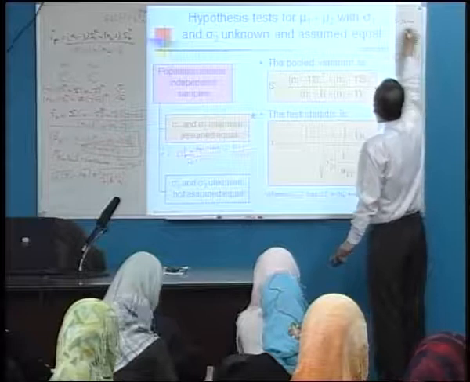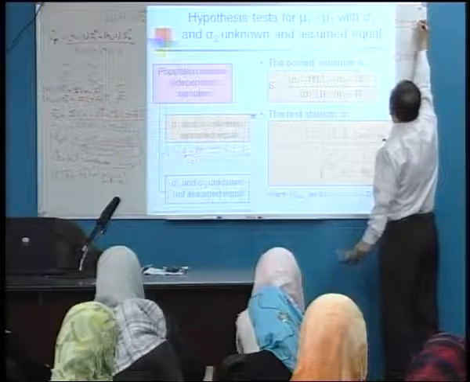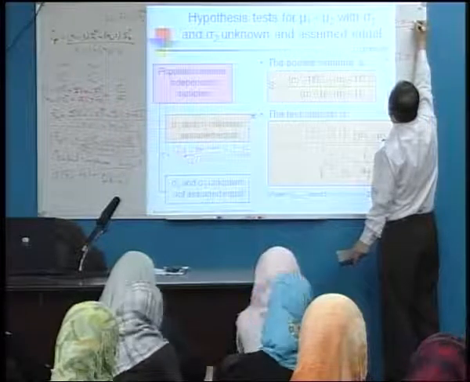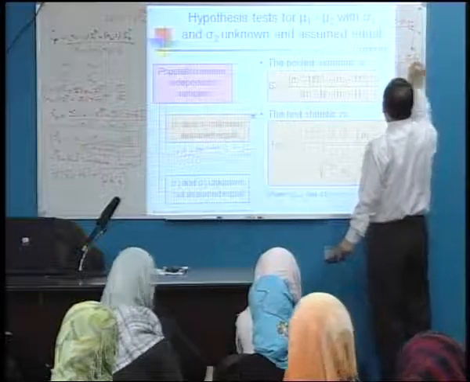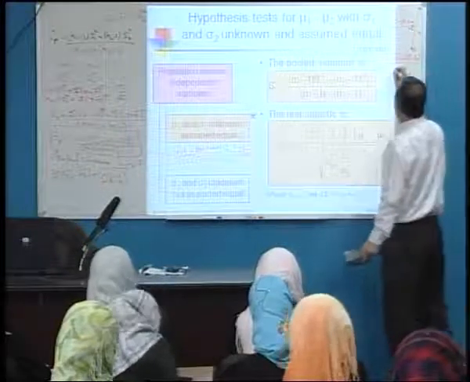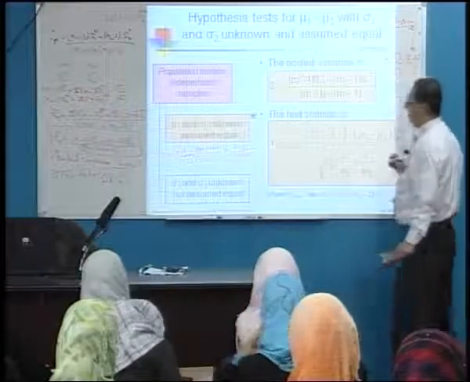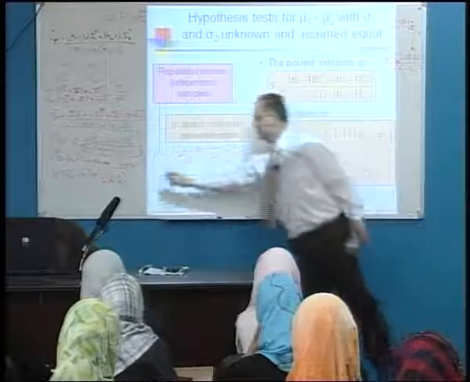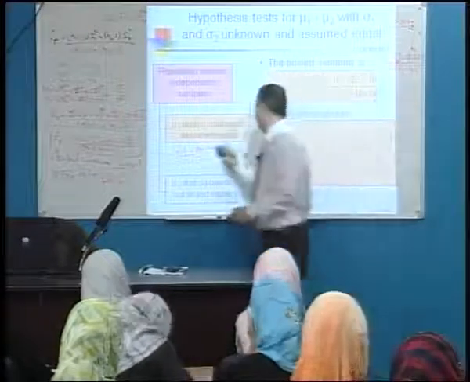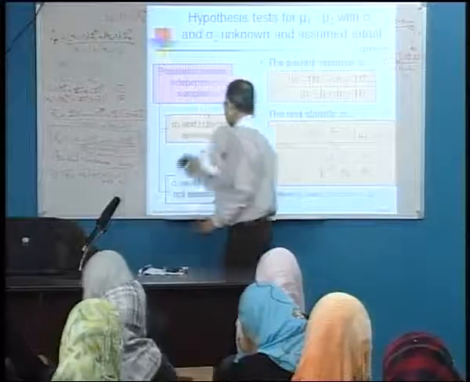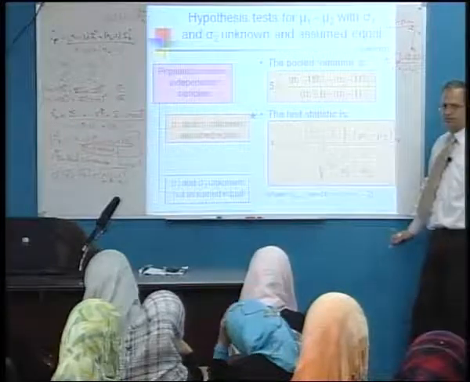That's the special case. Sometimes, suppose it equals A or whatever it is, we have to plug A here. Divide by the standard error of this estimate. Now the standard error of this estimate equals this one, so we divide by the square root of s squared p multiplied by (1 over n1 plus 1 over n2). So this is your test statistic.